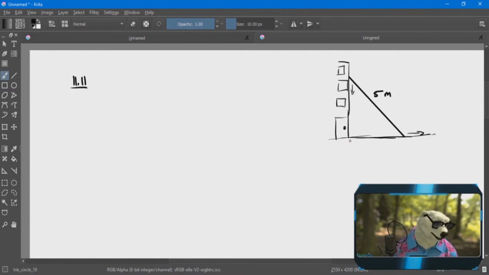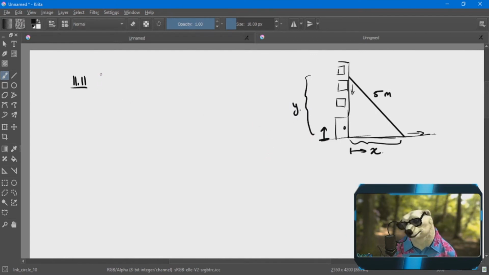I'm going to measure the distance from the bottom base corner of the building to the bottom of the ladder as X. And I'll go from the ground up to measure the height of the top of the ladder, and we'll call that Y.